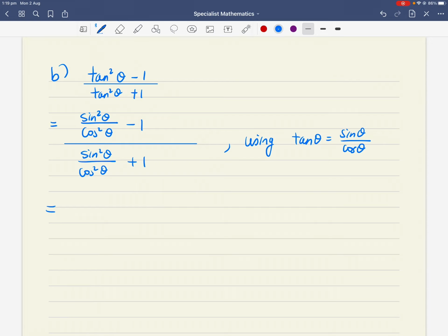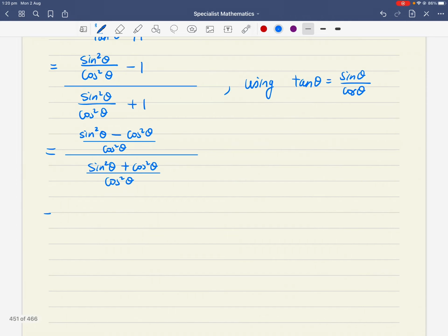And so next, to add or subtract fractions, we need to make sure they have the same denominator. So making the top, the numerator, the same denominator, we get sine squared minus cos squared all over cos squared. And on the bottom, we have sine squared theta plus cos squared theta all over cos squared.